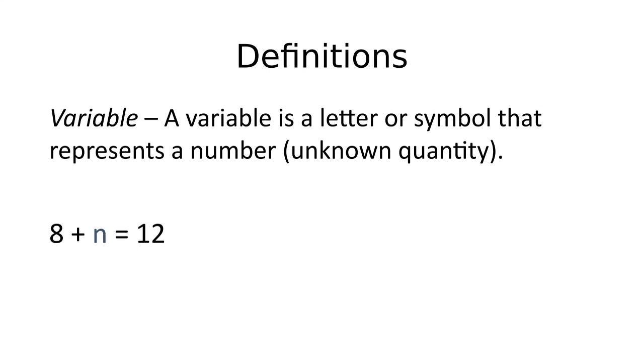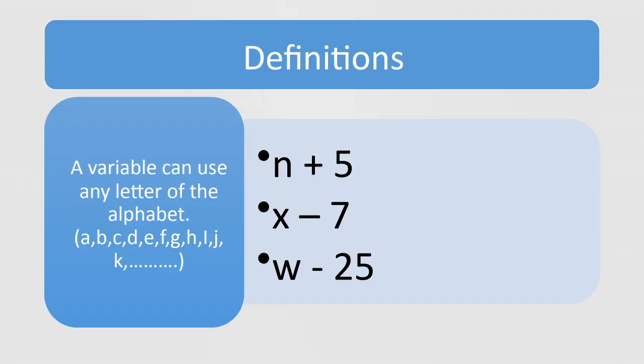So you can use any letter. It's just a symbol or a letter, in this case, that represents a number. So this N is actually taking the place of a number in this case.